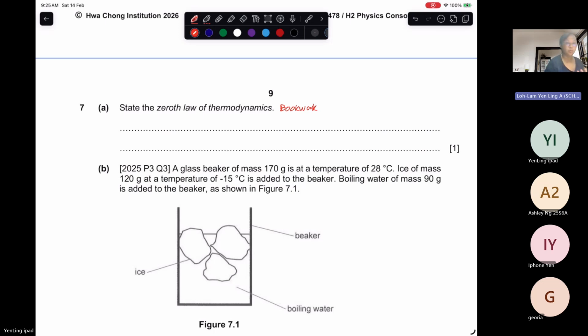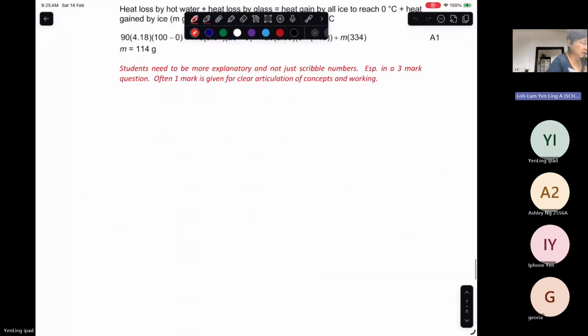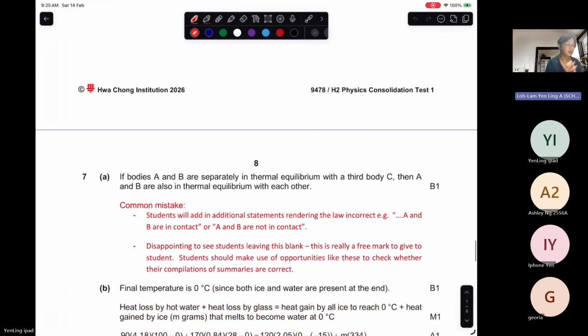Some tried to do it in your own words, but it's a bit different sometimes when you miss out certain words. So I'll only go through the key things that are not there. The key picture is you have a body A, body B and body C. What we are saying is that when body A is separately in thermal equilibrium with C, and B separately is also. This is important, or else it could mean that A, B and C are all placed together, then all of them are in thermal equilibrium.